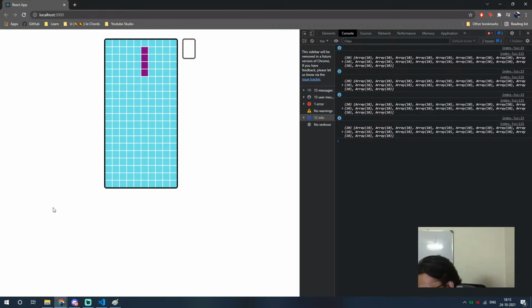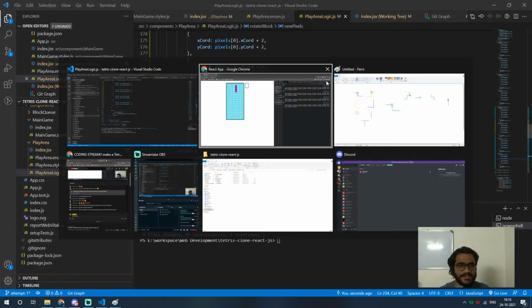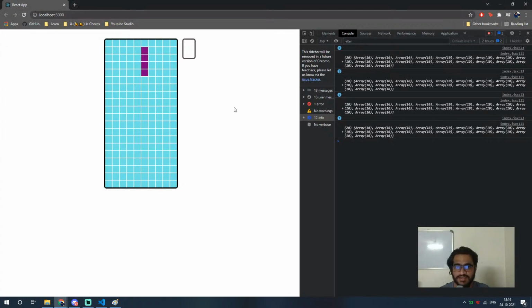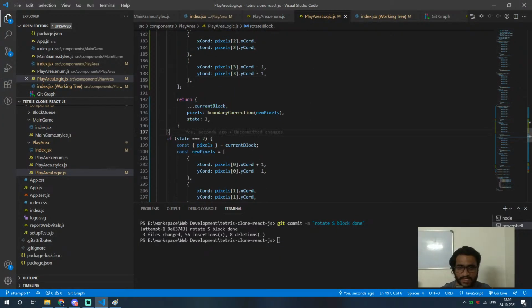Okay, one more question. How will you make the odd shape rotate? Because the logic for complex odd shapes... Yep, I know those odd shapes, right? They also have four states. I think that's why I checked, and they have 4 states.